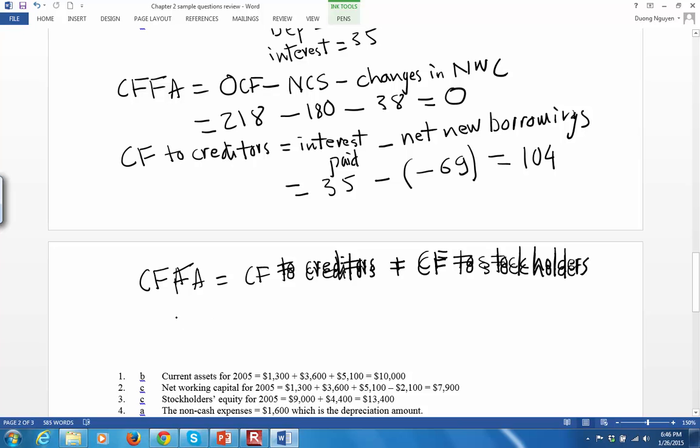So CFFA we calculated before is 0. The cash flow to creditors is 104. So therefore the cash flow to stockholders has to be exactly negative 104, because CFFA is 0.